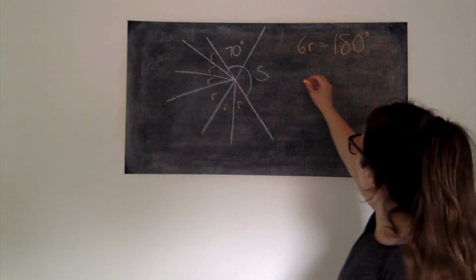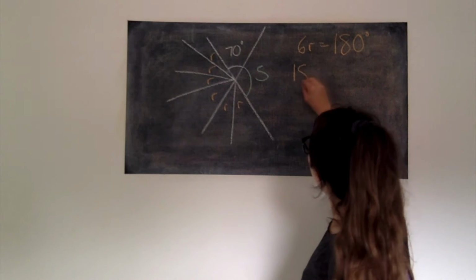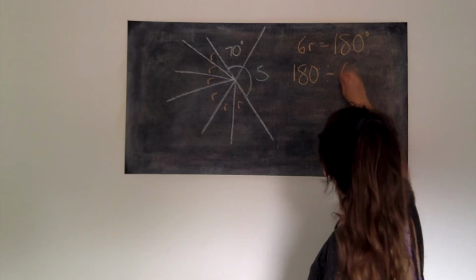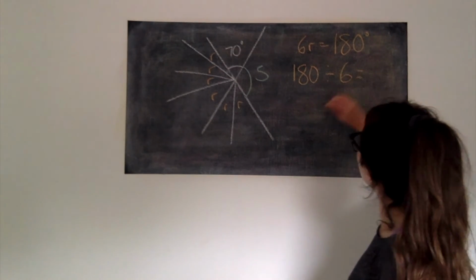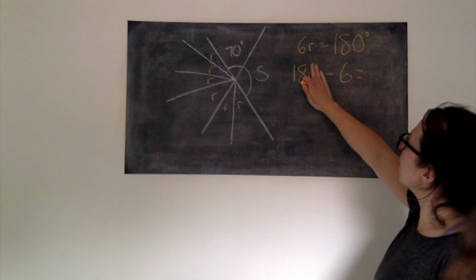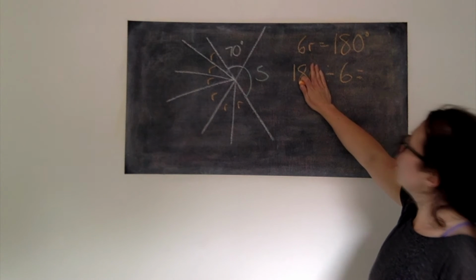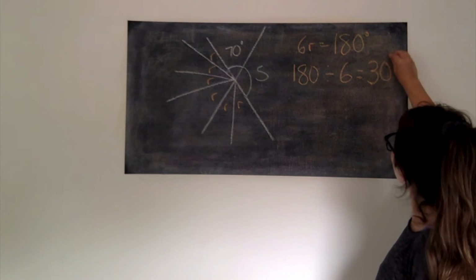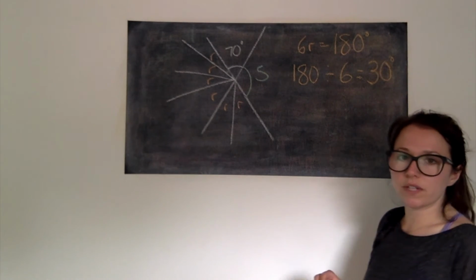So because we know they're all equal, to figure out what r is, we need to do 180 divided by 6. So think about what we did before. If you can't do that, do 18 divided by 6, which is 3. Make it 10 times bigger, which is 30. So r must be 30 degrees.